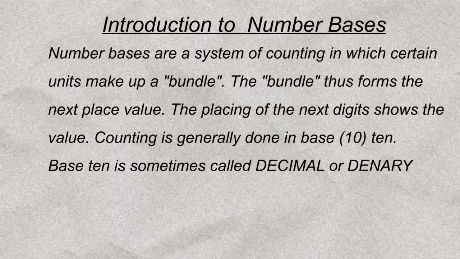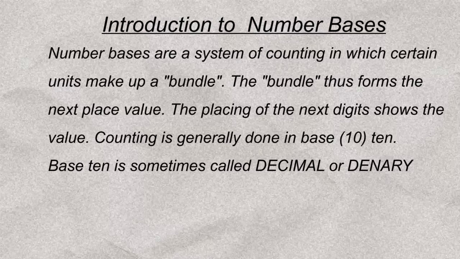Now, as an introduction into this topic, number bases are a system of counting in which certain units of numbers make up a bundle. The bundle, on the other hand, forms the next place value. The placing of the next digit shows the value.